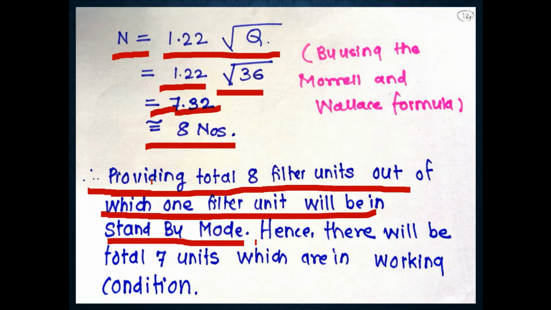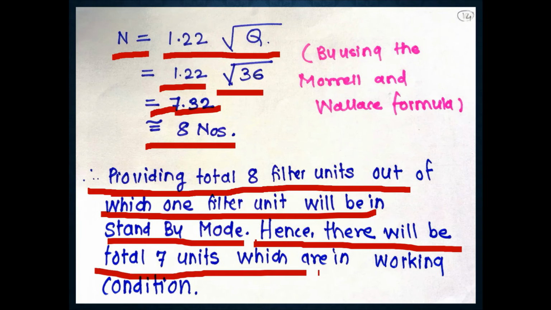Hence I have written here, providing total 8 filter units, out of which one filter unit will be in standby mode, and hence there will be total 7 units in working condition, along with one unit in standby mode.